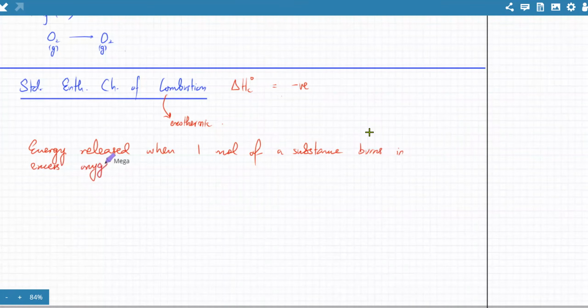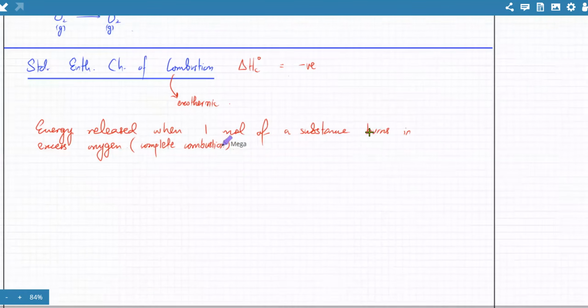What this excess oxygen means is that it has to be a complete combustion. You can remember, it's not going to be incomplete combustion, it has to be a complete combustion reaction.